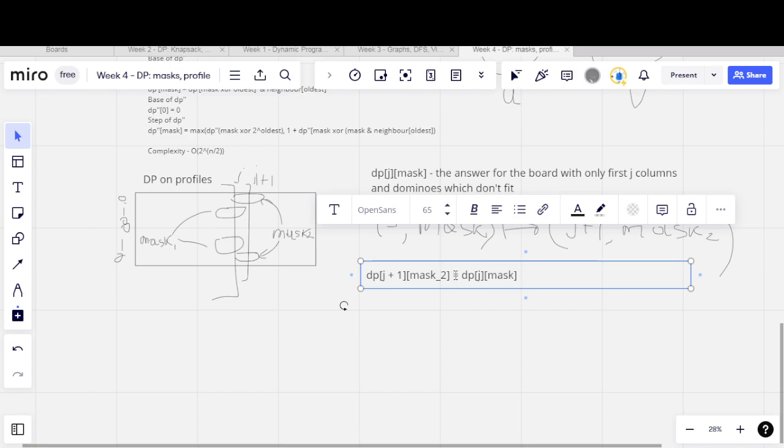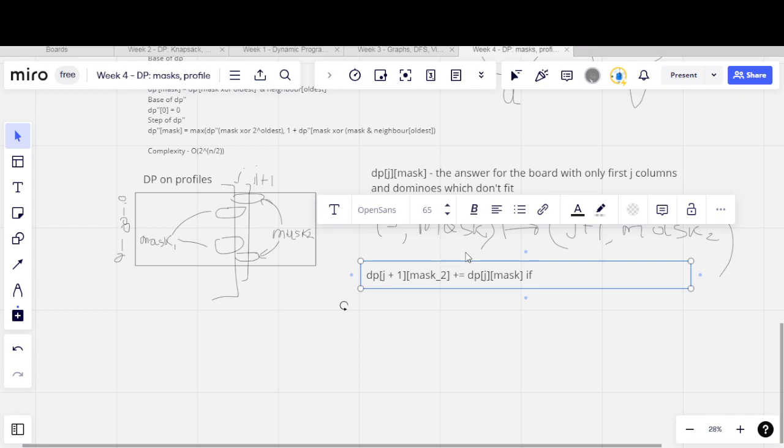What do we do? First of all, we fill our DP with nulls, and we just add the count of combinations, if this mask is good.